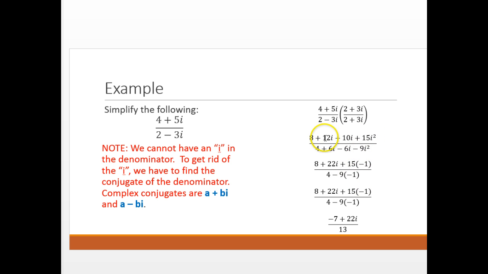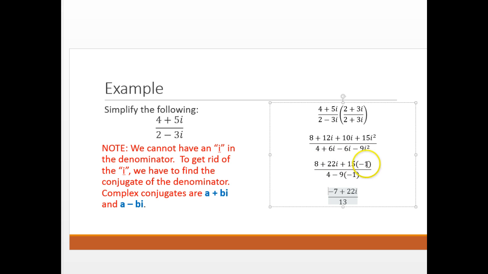In your numerator, you're going to combine the 12i and the 10i and get 22i. In the denominator, 6i minus 6i is 0i. So notice, at this point, there are no i's in your denominator. You simply have 4 minus 9 times negative 1. I can actually get rid of this step here; I'm going to do it because it's redundant.